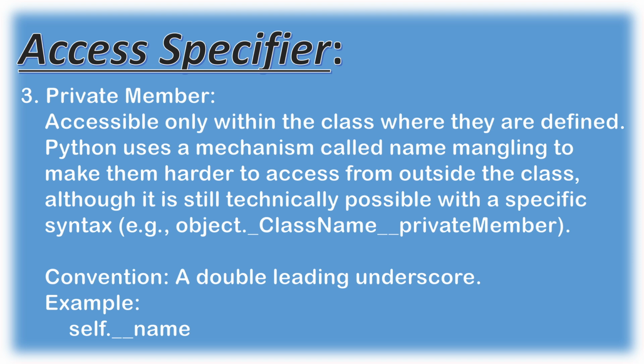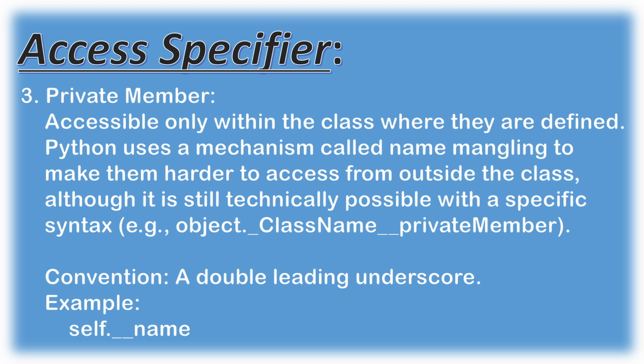For example, object._ClassName__private_member. So the convention is two underscores before the name. Here you can see in the example I have given self.__name.